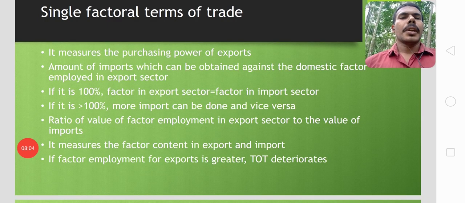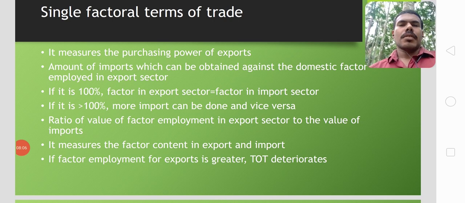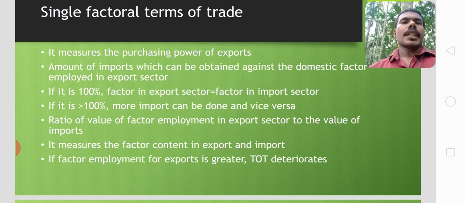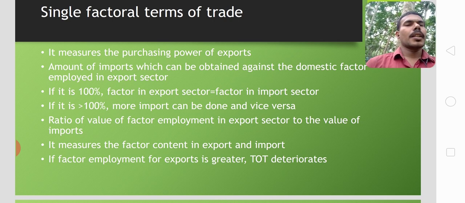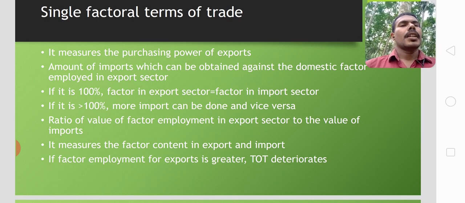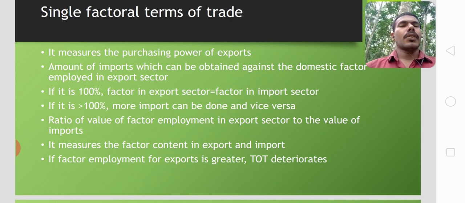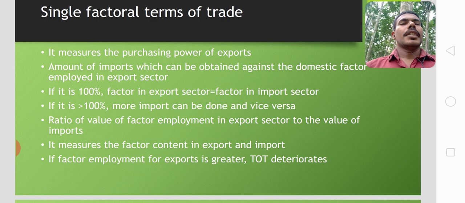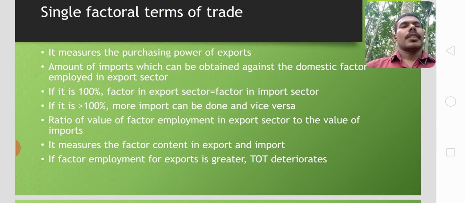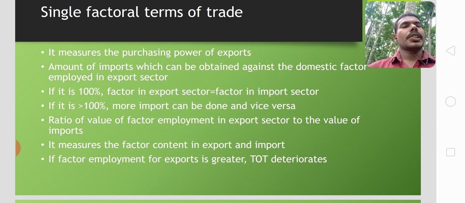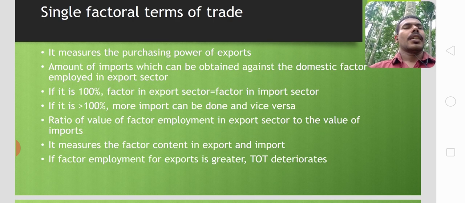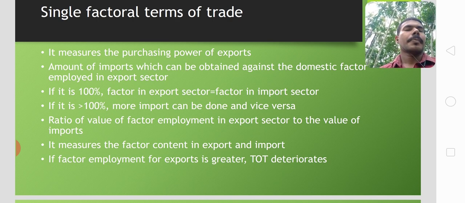Before seeing how it is measured: if single factorial terms of trade is 100%, then the terms of trade is neither worse off nor better off, it is neutral. It means the factors in the export sector are equal to the factors employed in the import sector.